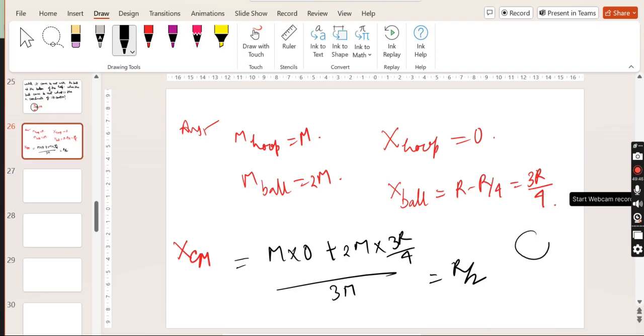Basically, when this ball moves and gets settled here, this thing will move here.